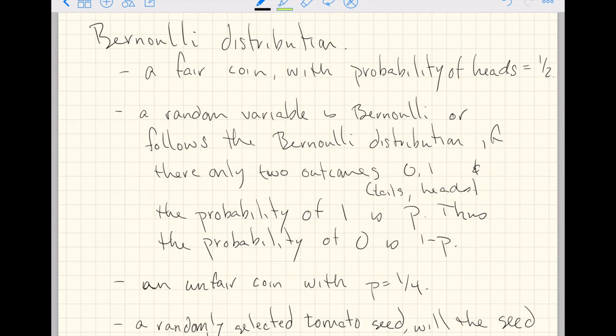Since there's only 2 outcomes, the seed germinates or it does not, it is inherently a Bernoulli random variable. And because there is some unknown probability that the seed will germinate, we know there's this probability P, whatever it might be on the population side, to describe this random variable and this distribution.